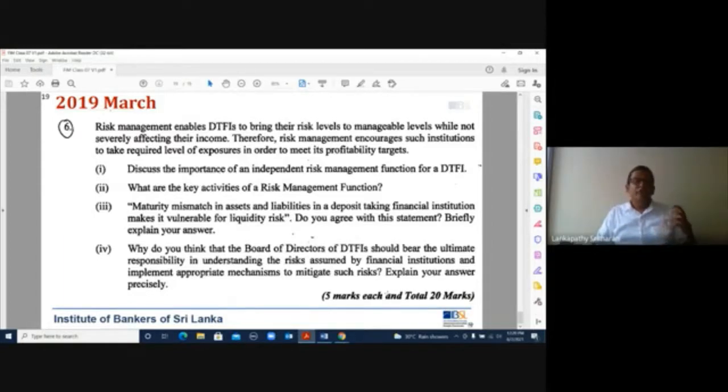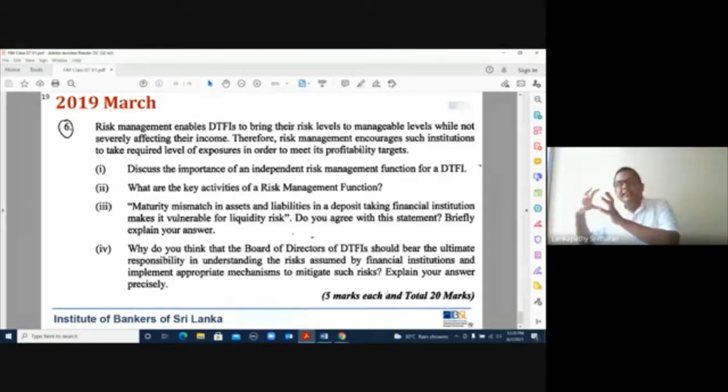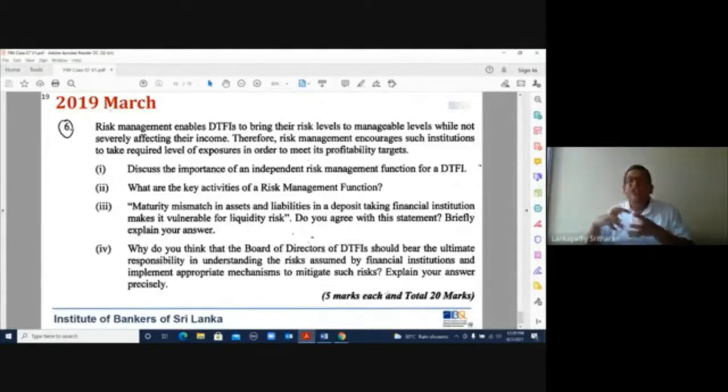You first say that under the integrated risk management framework, as a second line of defense, there will be the centralized risk management function, in charge of overseeing the risk management function of the particular bank and finance institution, and that function should be independent, avoiding any possible conflict of interest.